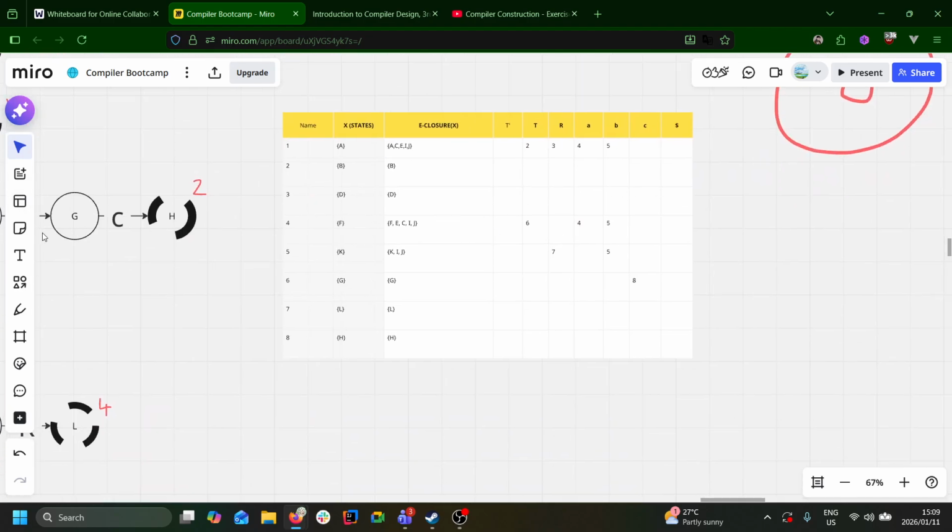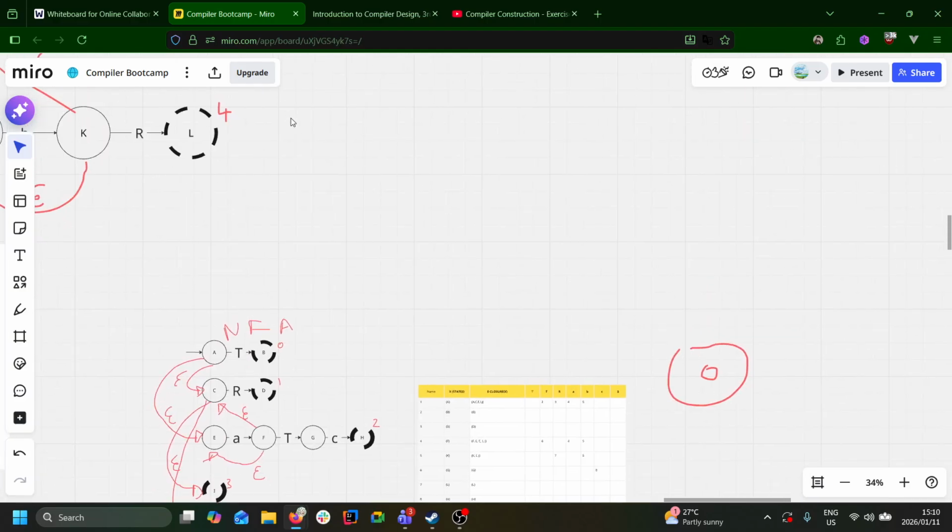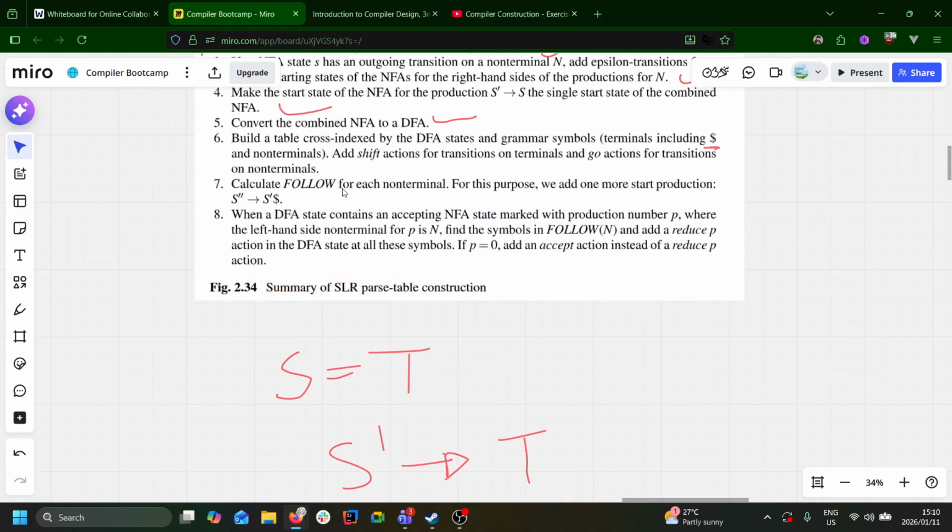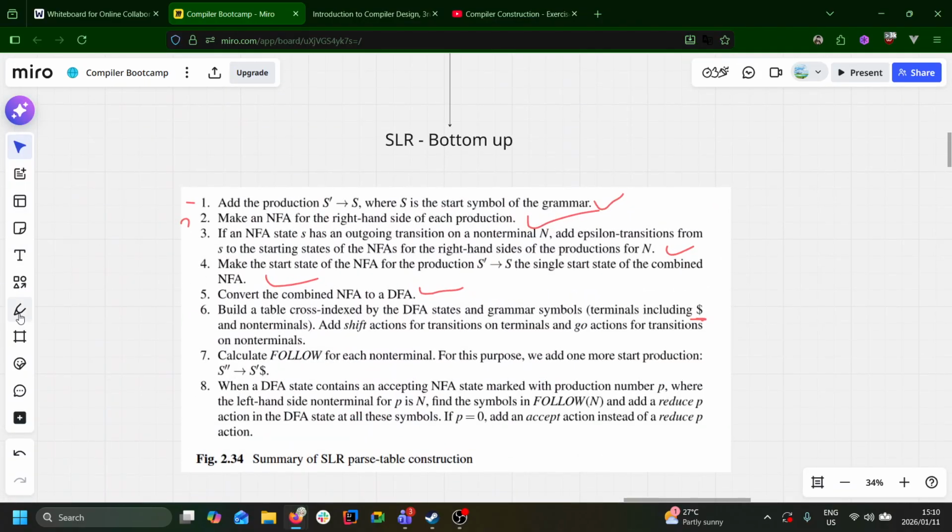It says create a cross table, and you've already done it like this. So this is the cross table, but it also mentions adding the shift actions for the transitions and go actions on non-terminals as well. So what are shift actions and go actions, or what are actions in general?